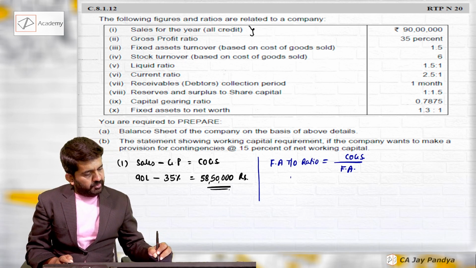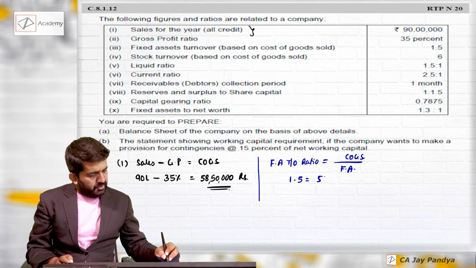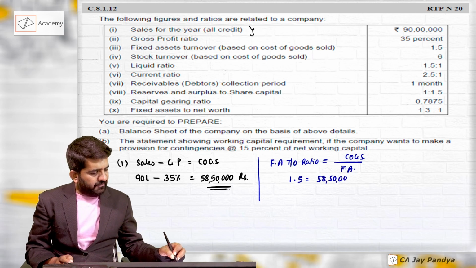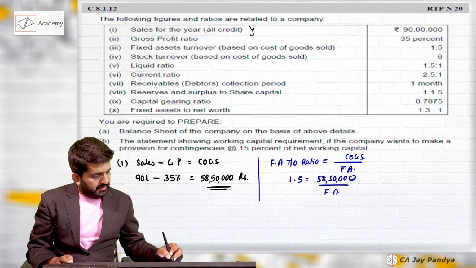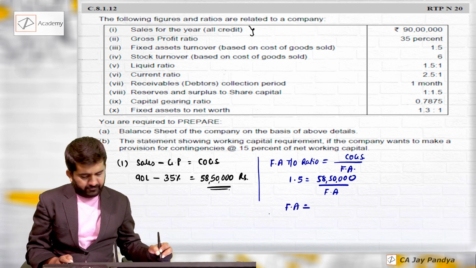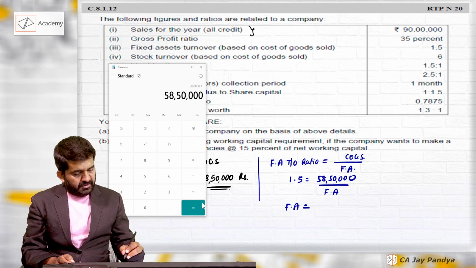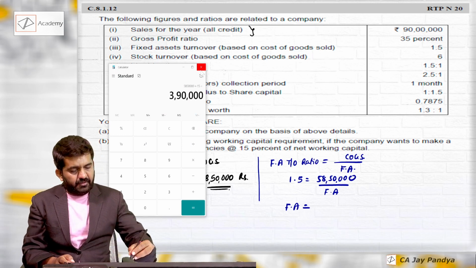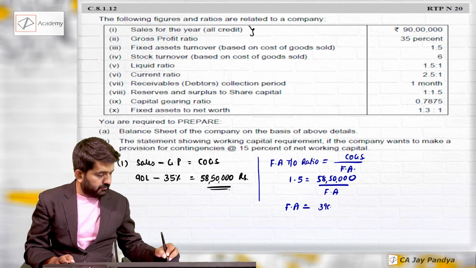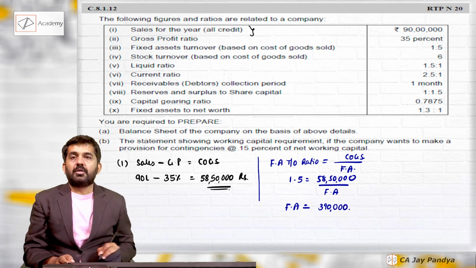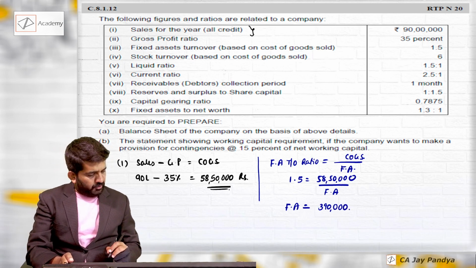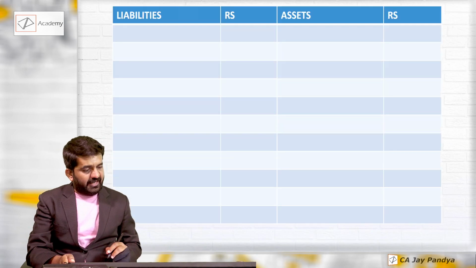Fixed asset turnover ratio is 1.5. COGS is 58,50,000. I will be getting answer of fixed asset. 58,50,000 divided by 1.5, 3,90,000. Let me even start drawing my balance sheet. Fixed asset 3,90,000.